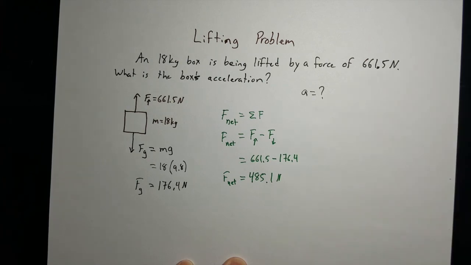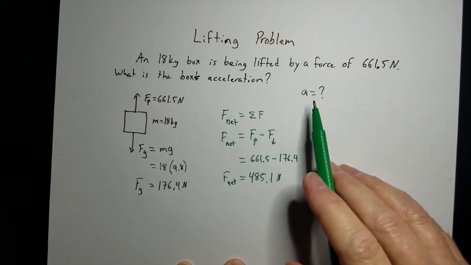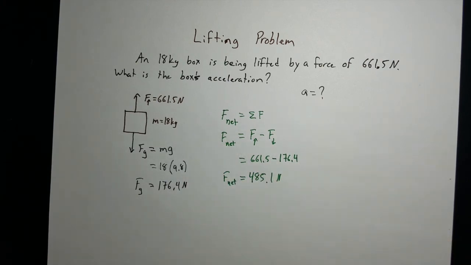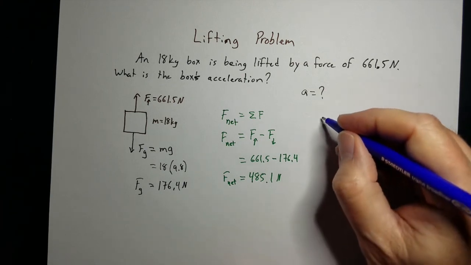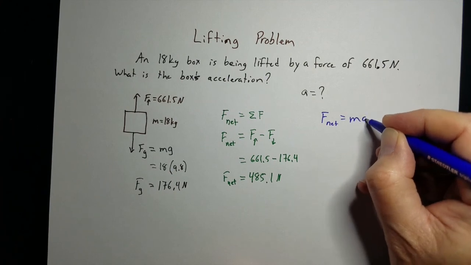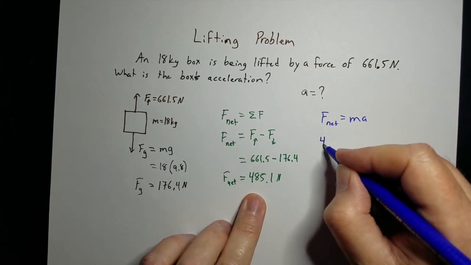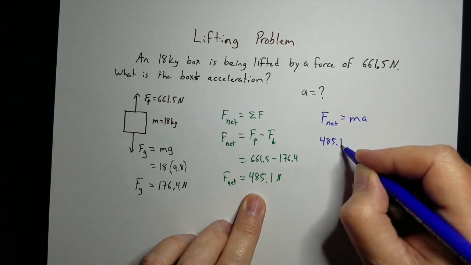Okay, so now we know the net force. We know a mass. We should be able to find an acceleration. All we have to do is apply Newton's second law to it. F net equals ma. F net is what we just found, 485.1.